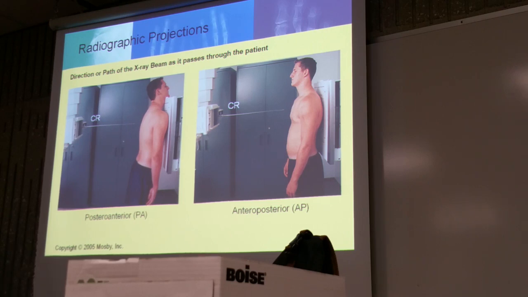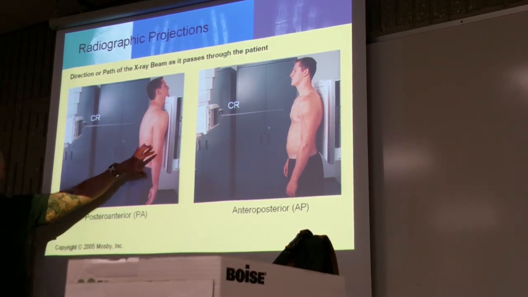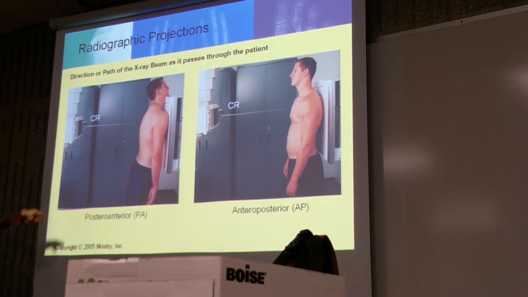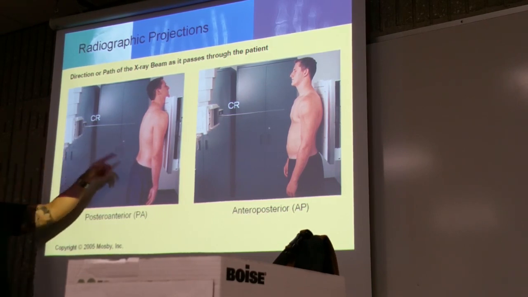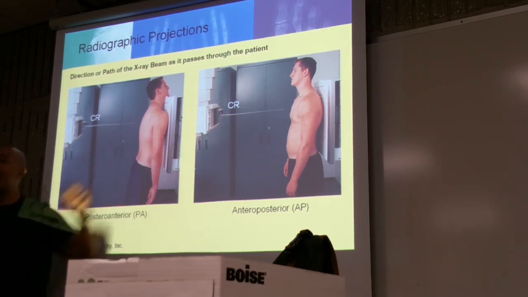Radiographic projection. The projection is the travel or the pathway of the X-ray beam. It is the pathway or the travel of the X-ray beam. So, when we're talking about this particular procedure here, we are going to describe the projection of the X-ray beam from where it enters to where it exits.